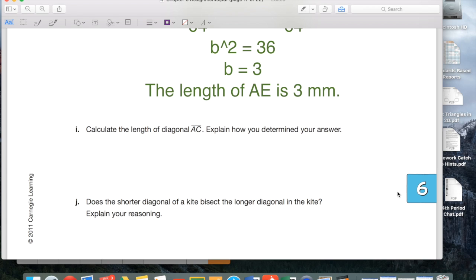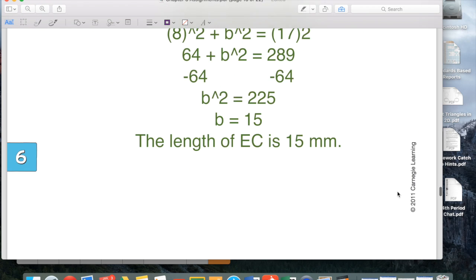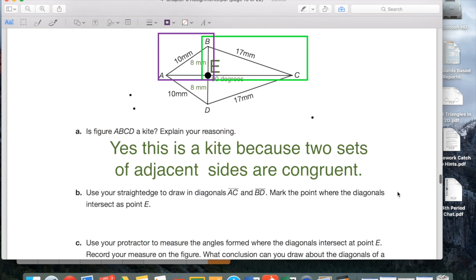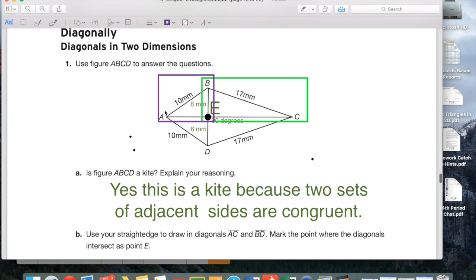Calculate the diagonal AC. Explain how you determined your answer. So AC is this right here. We know that AE is 3 centimeters, and we know that EC is 15 centimeters. So we're just going to add them together.